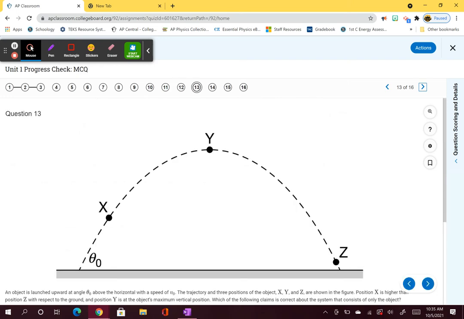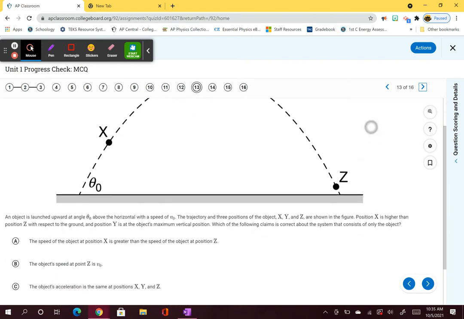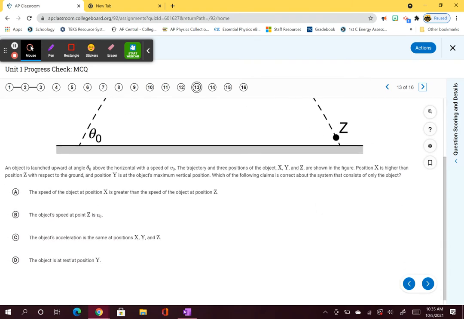Question 13. This is definitely a projectile problem. Let's look at it anyway. An object is launched upward at an angle of theta initial degrees above the horizontal at a speed of v0. The trajectory, which is just the path, and 3 positions of the object, x, y, z, are shown in the figure.